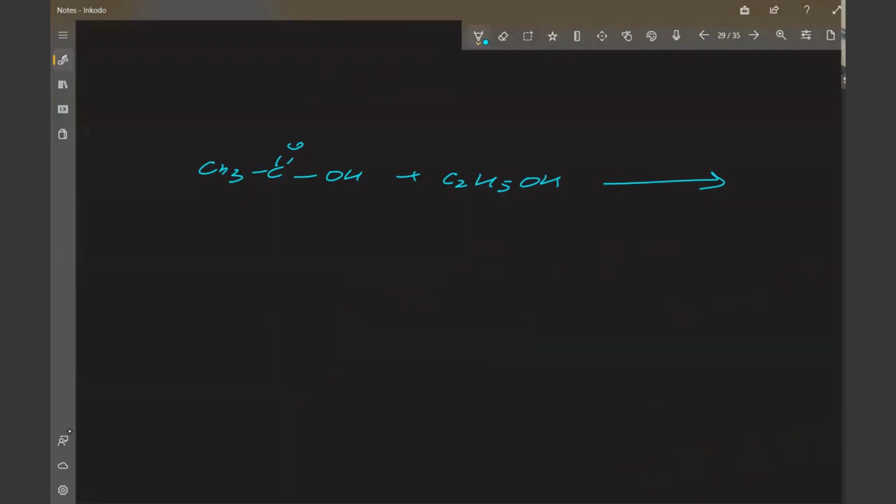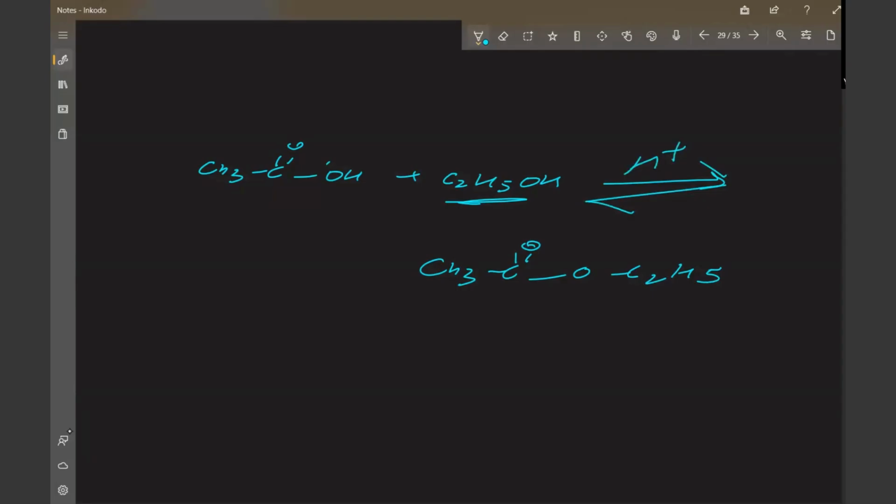After removing the water, it would be something like this. This is known as esterification, and this reaction is reversible, so it takes place in the presence of an acid.